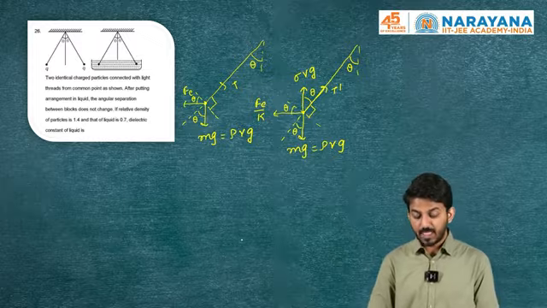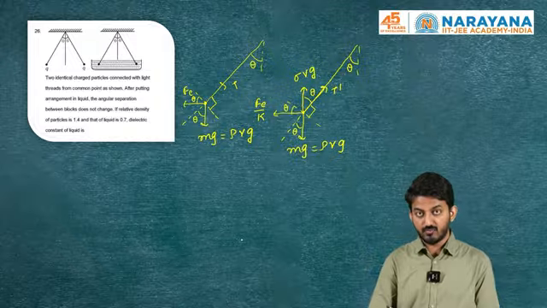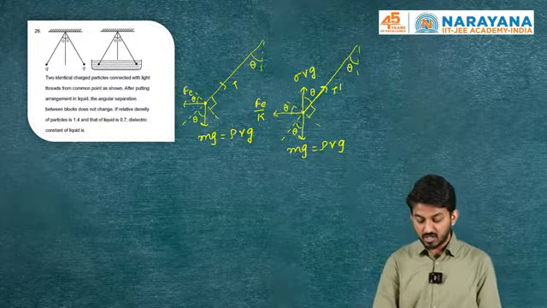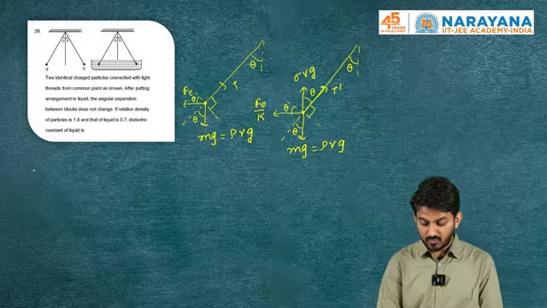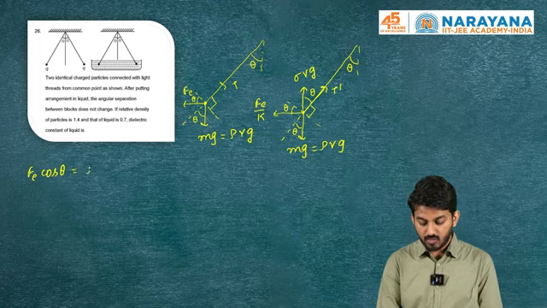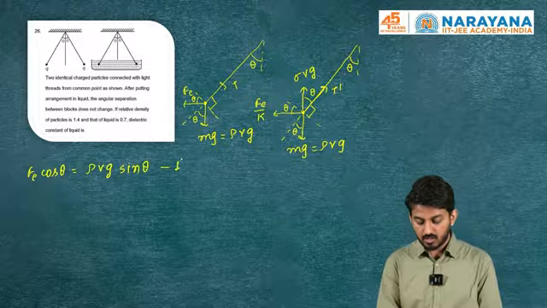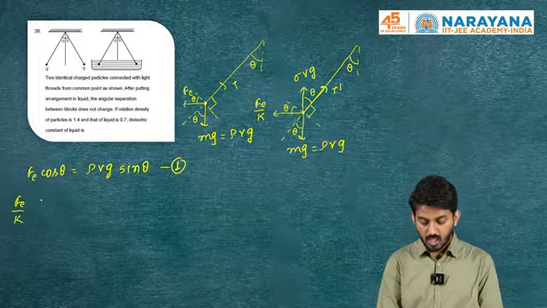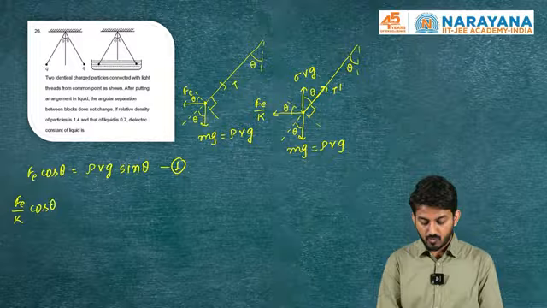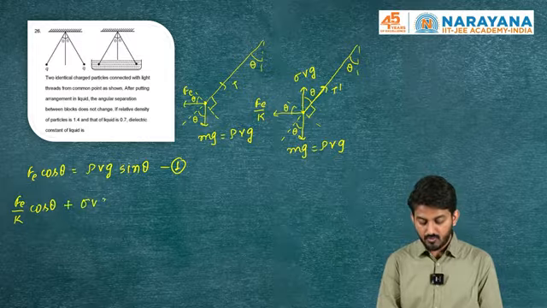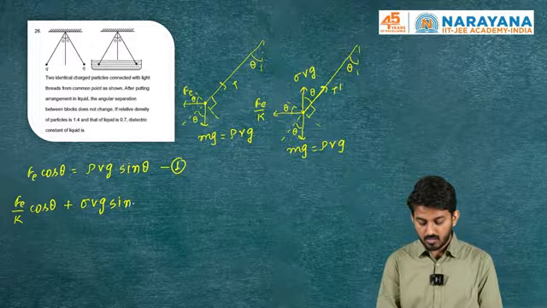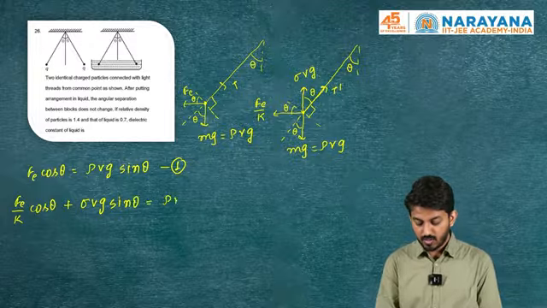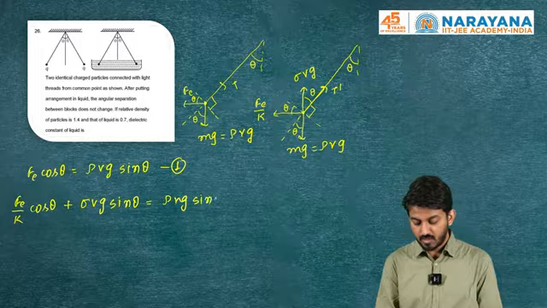Now in case of equilibrium, forces perpendicular to the string must balance each other. So from the first case I can write down Fe cosine theta is equal to rho Vg sine theta. That's the first equation. And second, I can write down Fe by K cosine theta plus sigma Vg sine theta is equal to rho Vg sine theta.